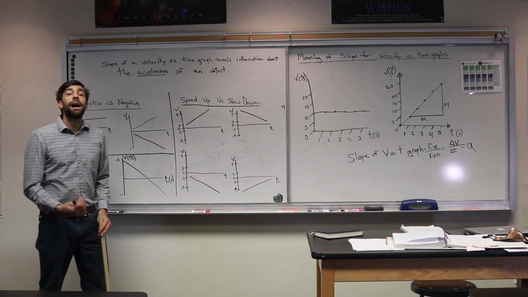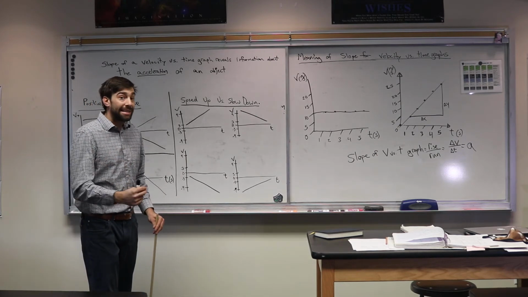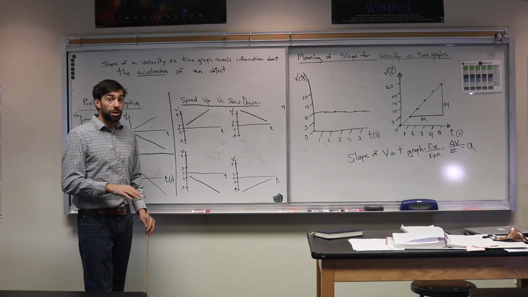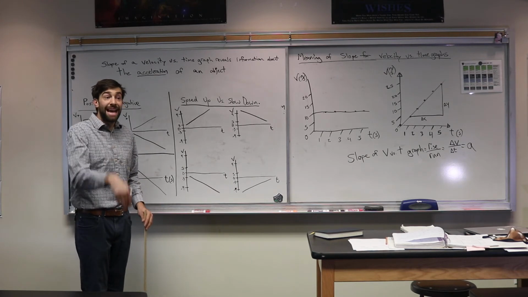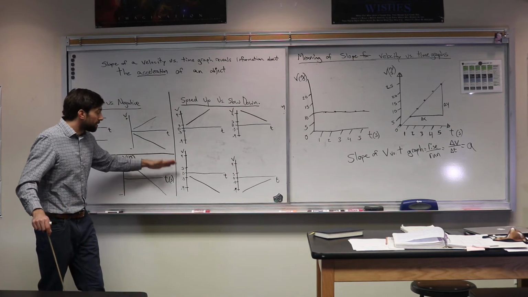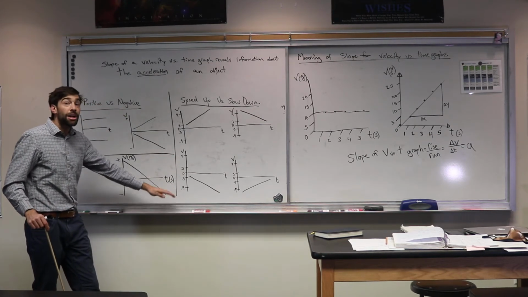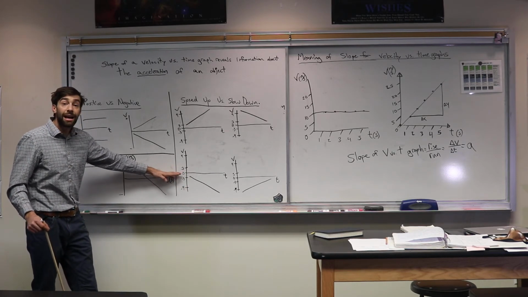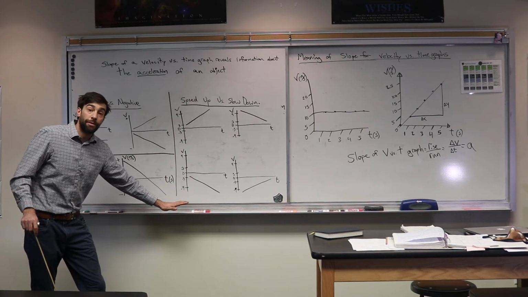A negative velocity, remember, just means that we are moving in the negative direction, or the leftward direction, or the downwards direction. And so my velocity starts from negative 3, goes to negative 9, so I'm actually speeding up in this graph. I'm going from close to the x-axis to far away from it.